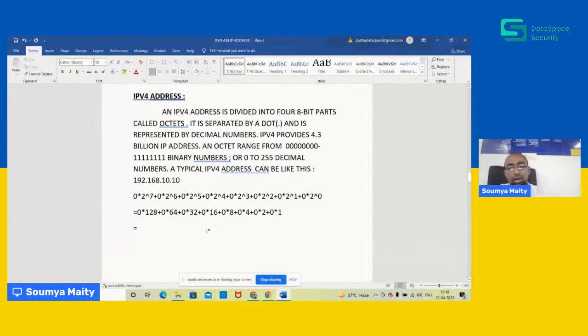So every part is multiplied with 0, and the total value will be 0. But that value is for 00000000. When it is 11111111, the value will change.